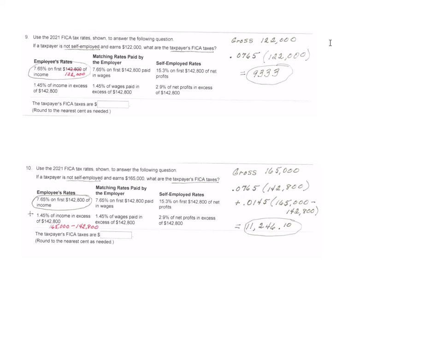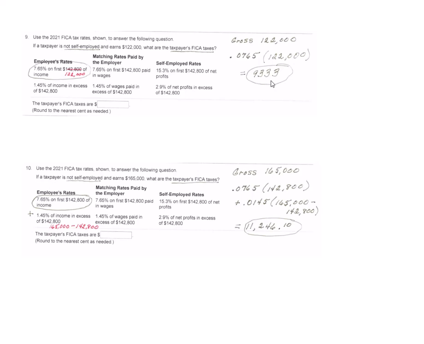It's your gross. So you pay 7.65% on the first $142,800 of income. Well, you didn't make that much. You made $122,000. So all you're going to do is change the percent to a decimal, multiply it by that gross, and you will pay $9,333 in FICA taxes.